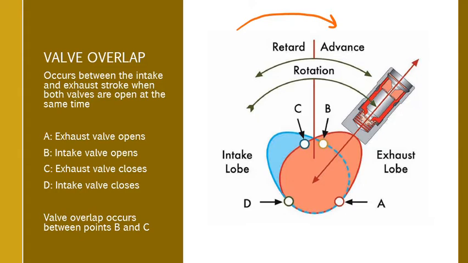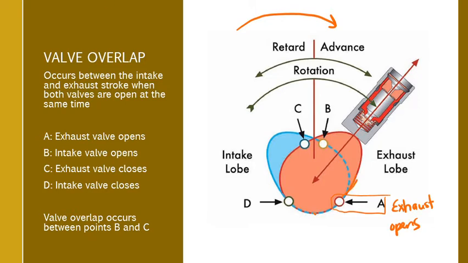So if we were spinning the engine clockwise from here, the first point we're going to hit is A. And at A, we see that the exhaust lobe is starting to come off of the base circle. So it's starting to open. So exhaust opens here. And if we follow it along, it's going to be open.